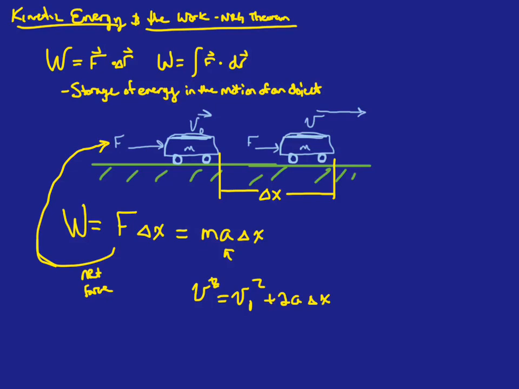So we're going to get v squared minus v naught squared divided by 2 delta x equals our acceleration. Does that make sense? Okay, so then we take this acceleration and plug it right back in here.